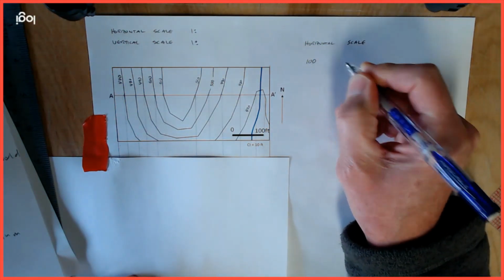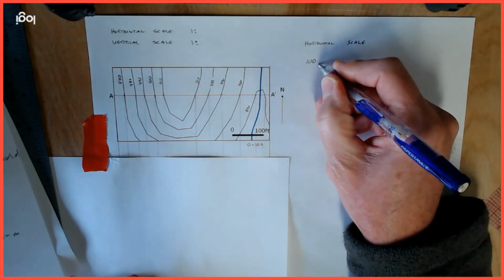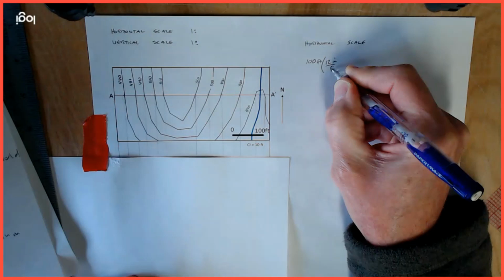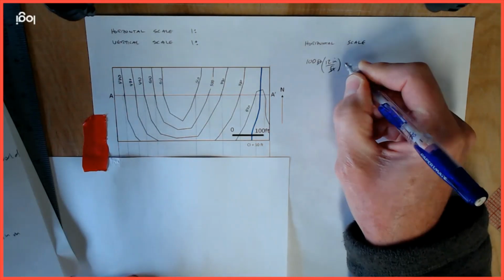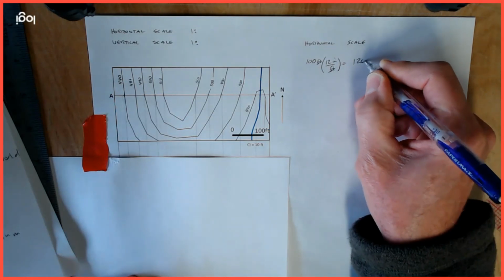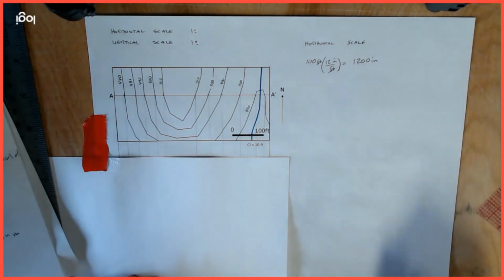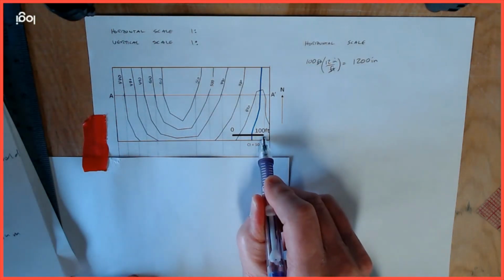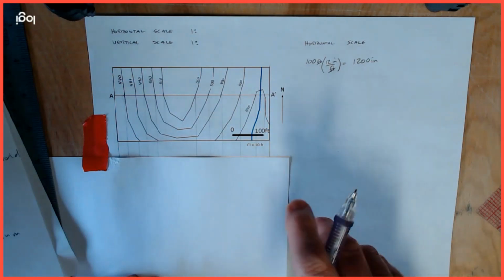So we're going to do our calculations over here. 100 feet, and we always know that there are 12 inches per foot, so feet cancel out, and we're left with 1,200 inches. Could have done that calculation in our head. In other words, this distance here on the scale bar is 100 feet or 1,200 inches. So now we can set up our ratio.